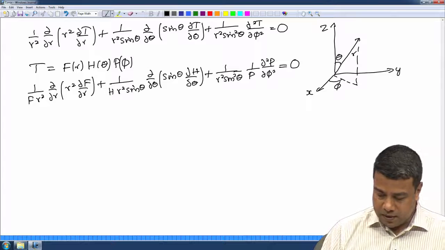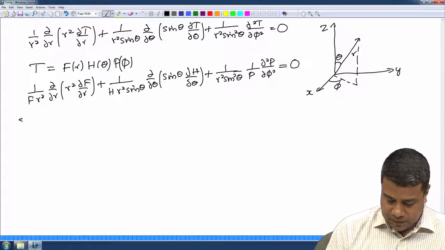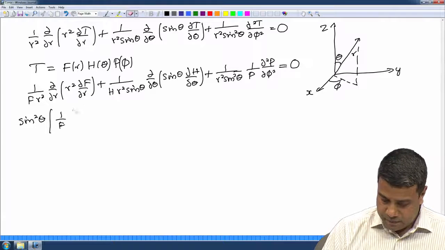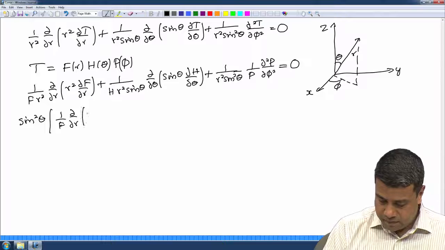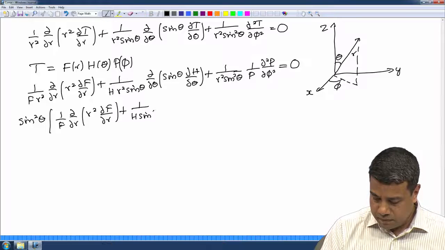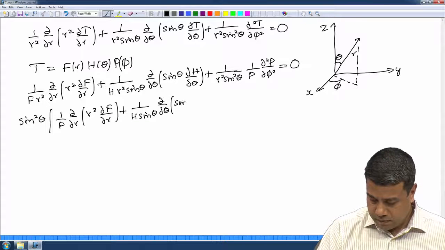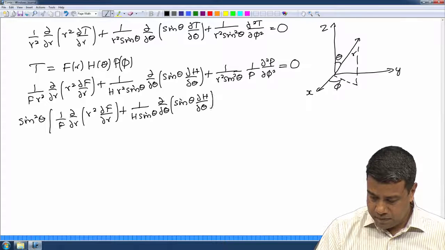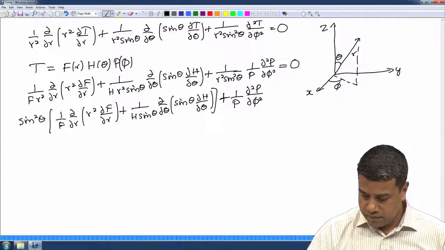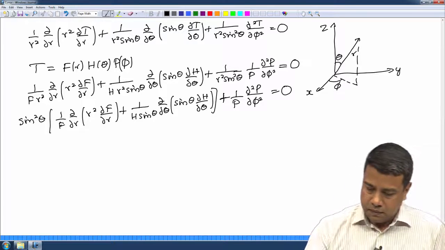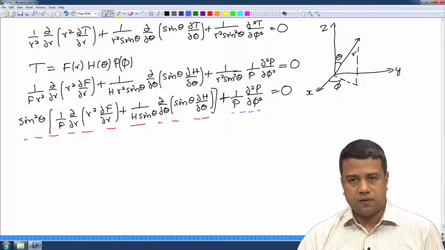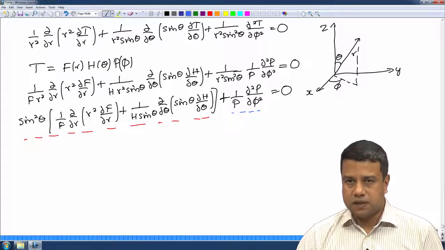If I multiply throughout by r square sin square theta, here I will get sin square theta into 1 over f... In this equation, the first term depends only upon r and theta, the second term depends only upon phi. Therefore, each of these individually has to be a constant.